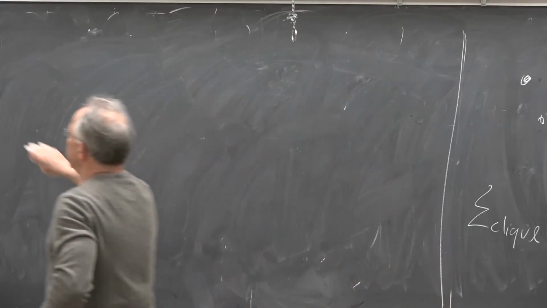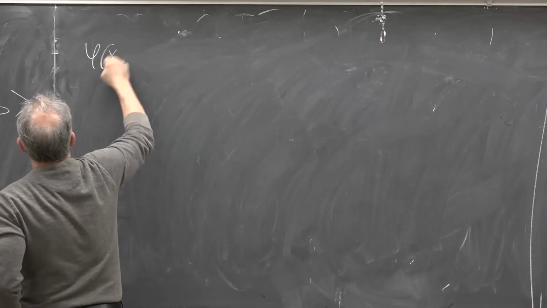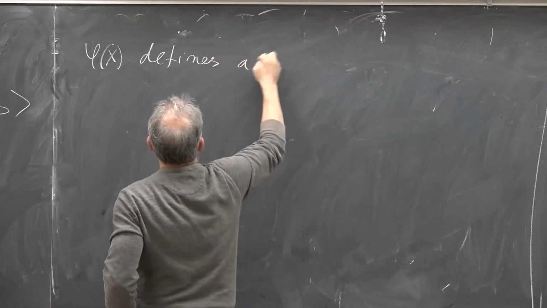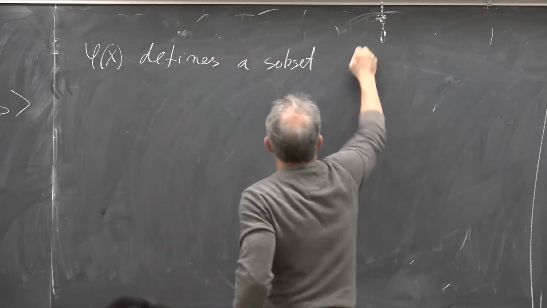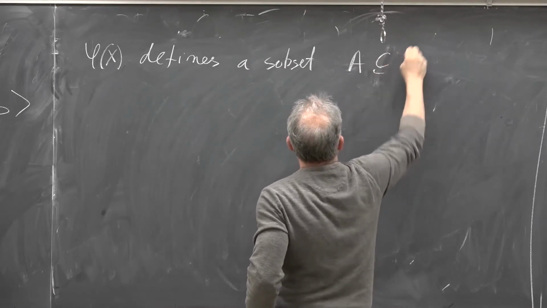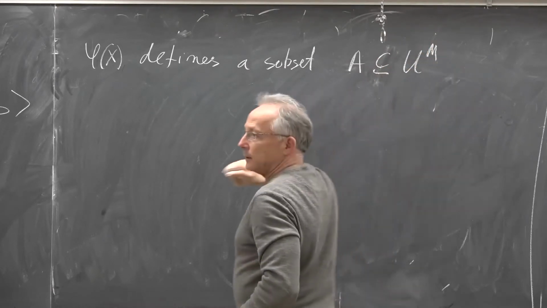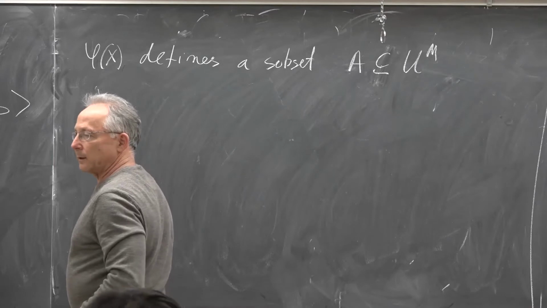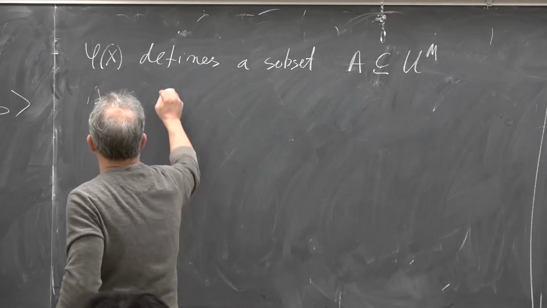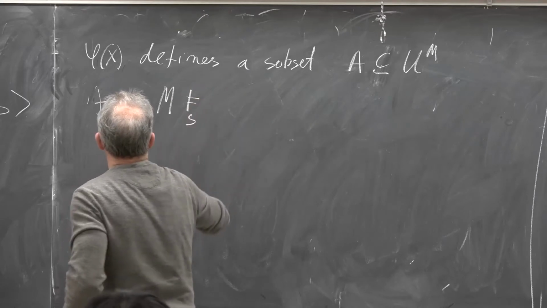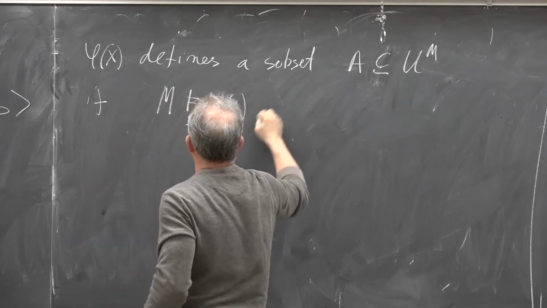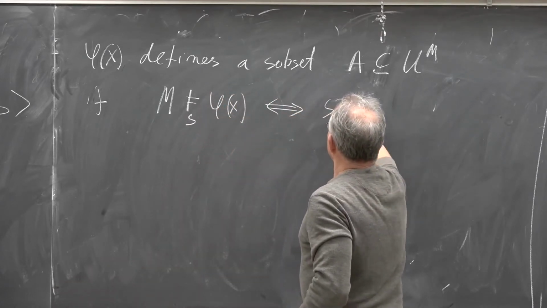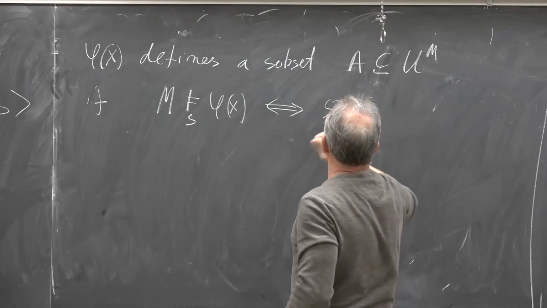So I'll say a formula phi of x with a free variable x defines a subset A of the universe of my given structure if M satisfies phi of x under an assignment S if and only if S of x belongs to A.